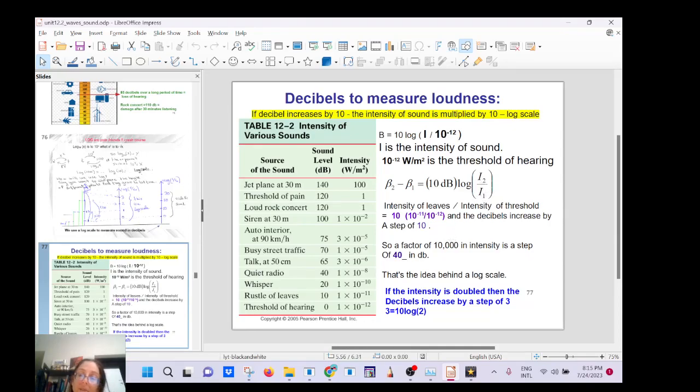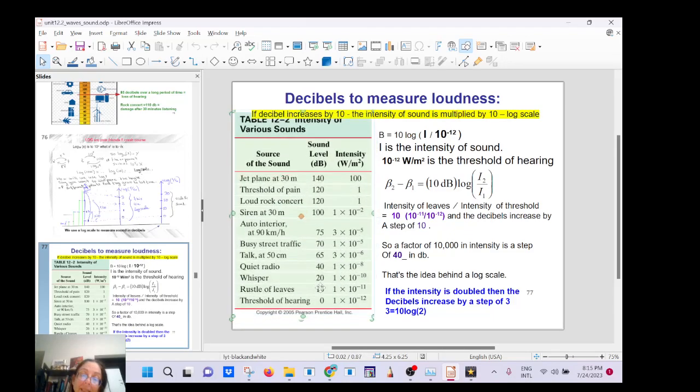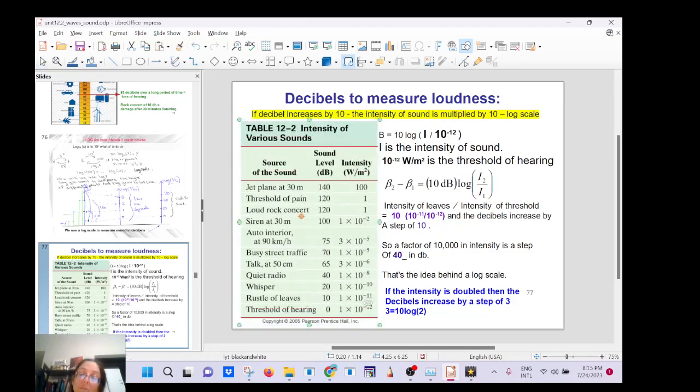I'm going to take some examples, but really what it means is that if you multiply the intensity by 10, you increase the decibel level by a step of 10. So add 10 here, you multiply by 10 there.